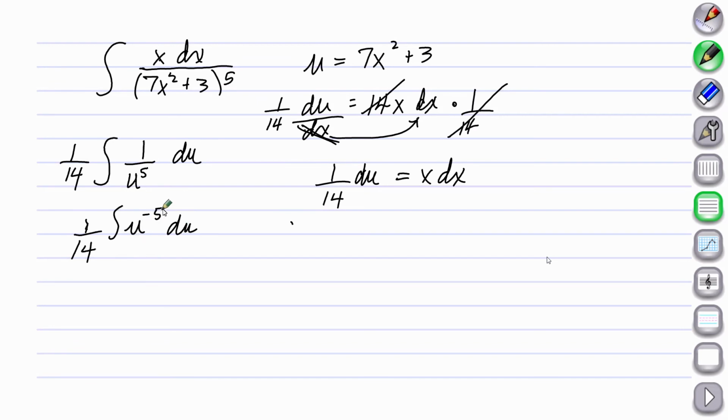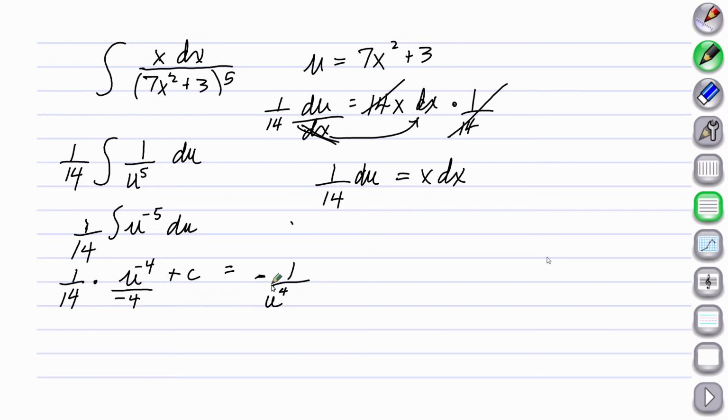Let's see, I'm going to add 1, right? So if I add 1, this would be u to the negative 4 over negative 4, times 1 over 14 that was on the outside, plus C. Making that a little bit nicer, this would be a negative 1. I'm going to bring this u to the 4 down, and multiply these together.